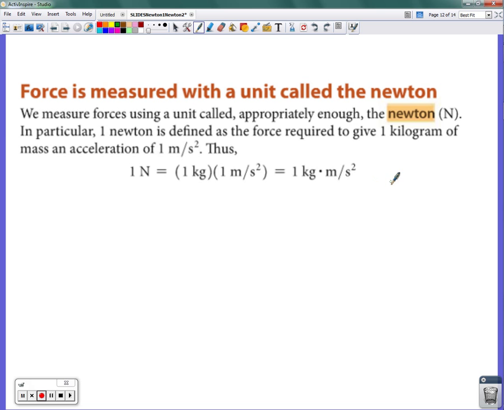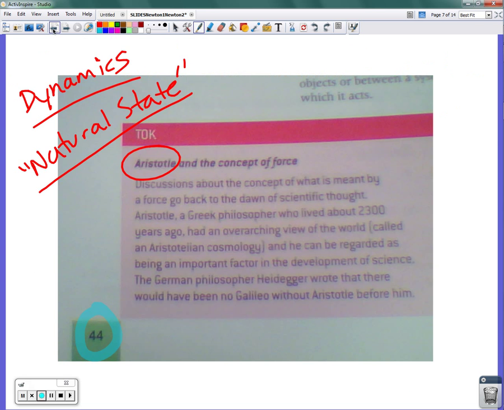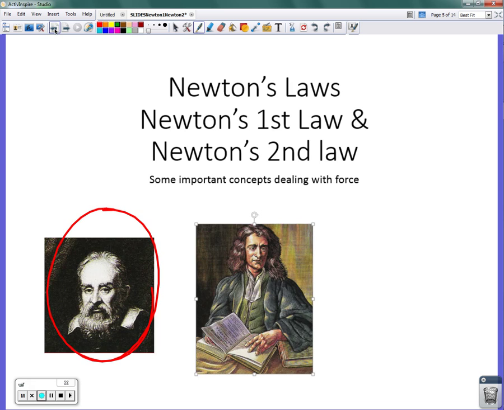We will introduce a new unit in this section called the newton. Notice, newton, the unit, starts with a lowercase n. The symbol for newton is a capital N. Newton the guy, oh, that's Galileo.